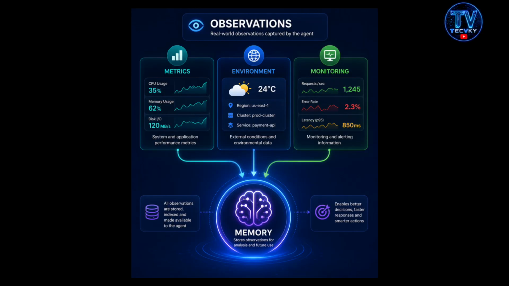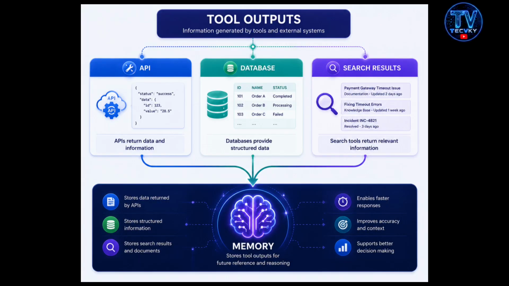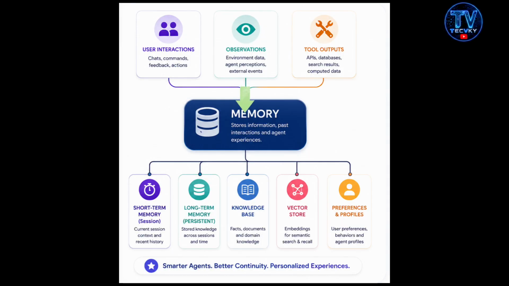These could be environment data, monitoring information, application state, or external events observed by the agent. Whenever an agent uses tools, APIs, databases, or search systems, the results can also be stored in memory for future references. All of this information flows into the memory system. The memory system becomes the knowledge source that agents can access whenever they need context or historical information.